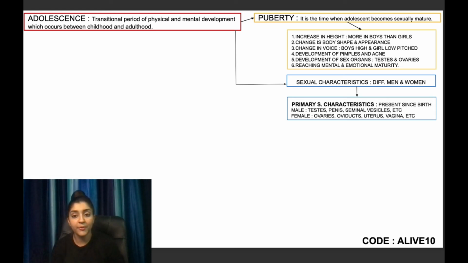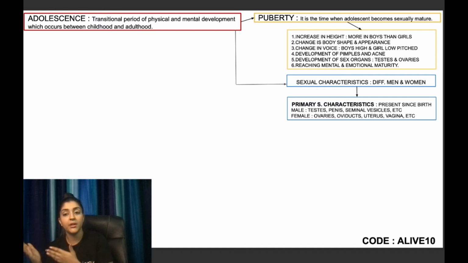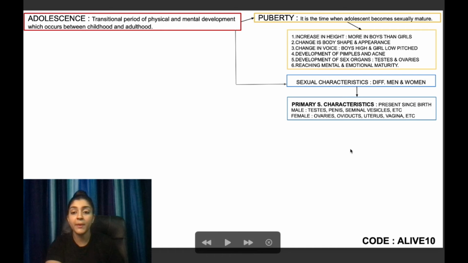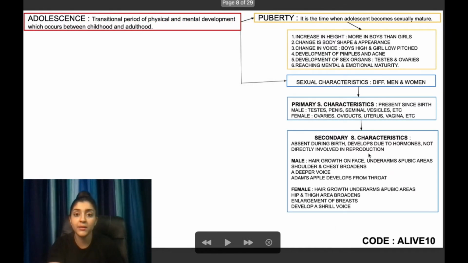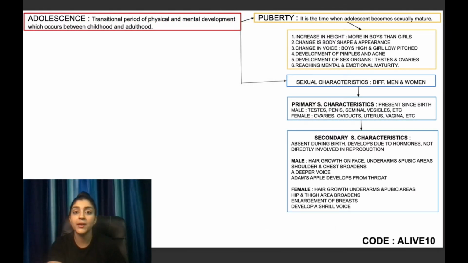So primary characteristics, as you can see, very short, present since birth. And then for males, I have just written testis, penis, seminal vesicles, etc. I have not explained it at all because it is self-explanatory for me. Now the most important part in this particular chapter is secondary sexual characteristics.